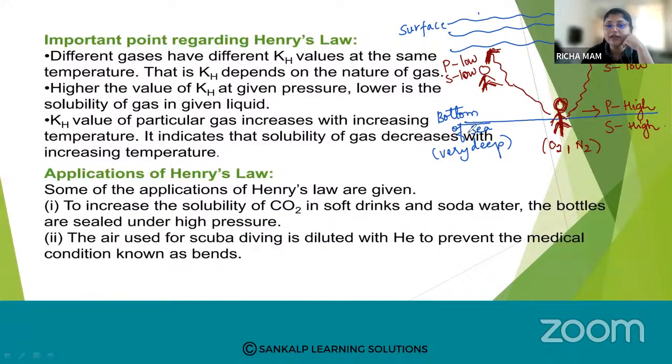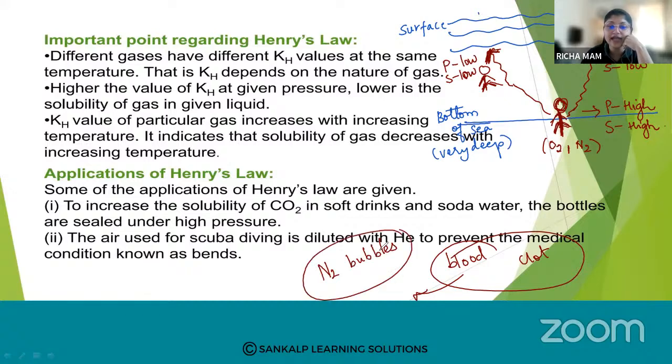In the body, blood clots start to form. Why are the blood clots forming? The blood clots are forming due to nitrogen bubbles. Because of the nitrogen he has taken, blood clots start forming in his body.